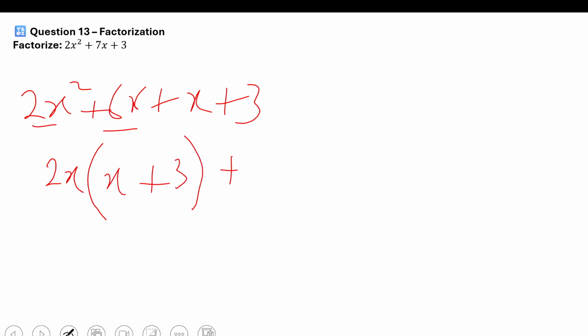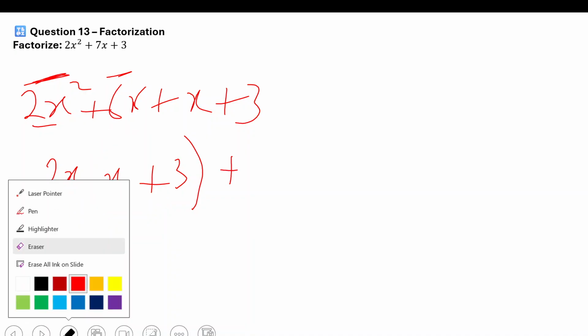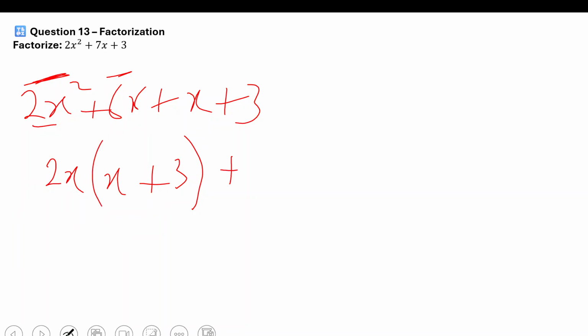So how do you know that what you have done here is correct? If you multiply again, that is 2x times x, I will get 2x squared. I multiply 2x times 3, I will get 6x, right? Okay, so let me take this off. Just want to illustrate. Okay, so I factorize. So for the last two terms, what's common there is 1.